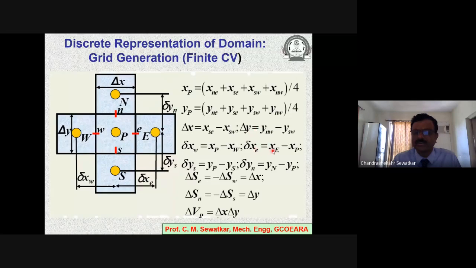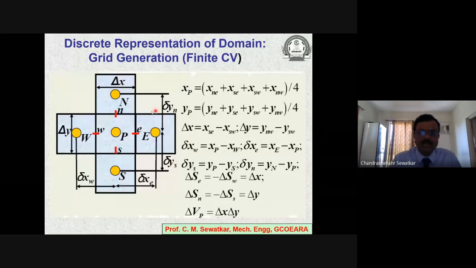Delta xc is x capital E minus x capital P. Similarly, delta xw is x capital P minus x capital W. Delta yn is y capital N minus y capital P. Similarly, delta ys is y capital P minus y capital S.